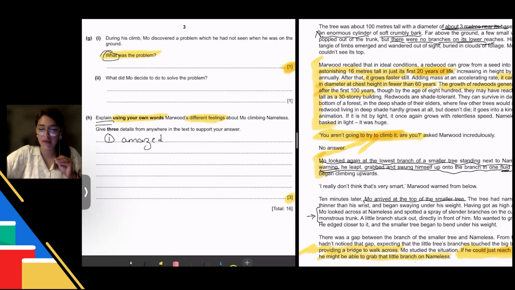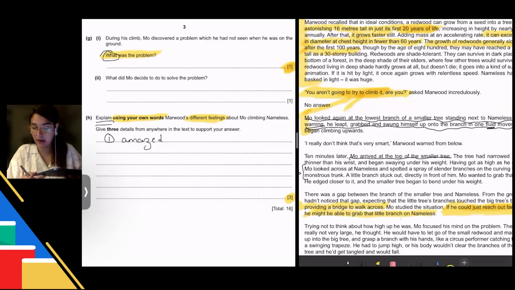However, the next detail that we can pick out is this idea right here. It says, I don't think that's very smart, Marwood warned from below. In this case, the word warned could highlight the idea that Marwood does not think this is the right thing to do. So Marwood probably doesn't agree with this idea.